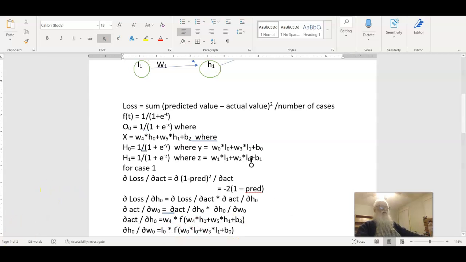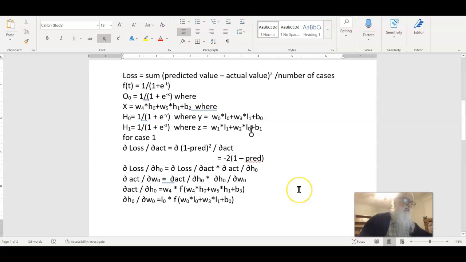So we need to compute the partial of the loss with respect to W0. But that's not as easy as it sounds. What we're going to do is use the chain rule. The chain rule says partial x over partial y equals partial x over partial z times partial z over partial y. It just keeps chaining them together.